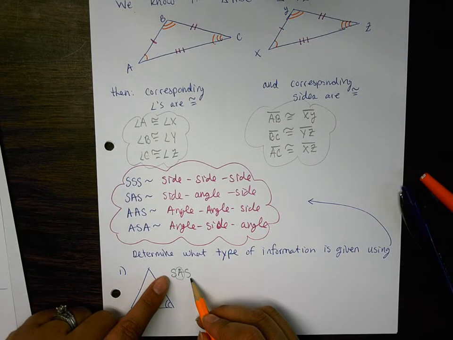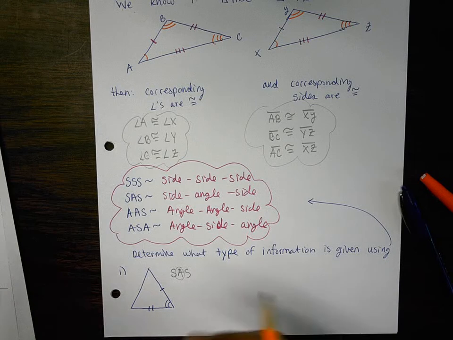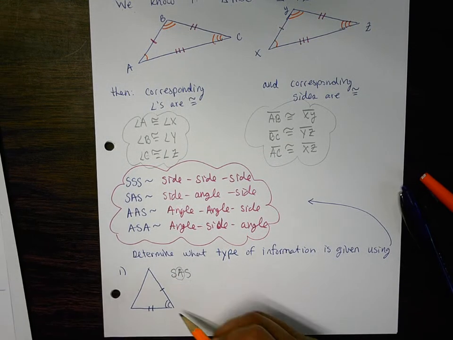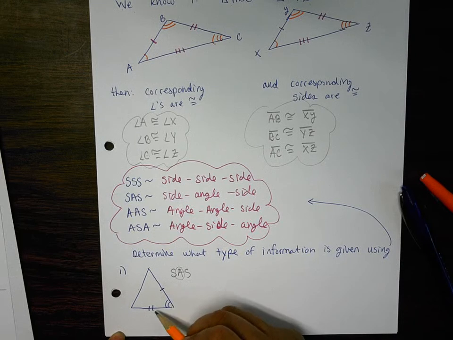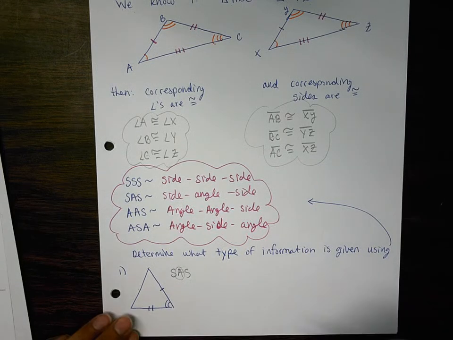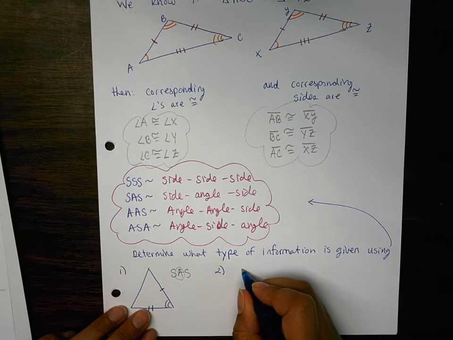It has to be included between the two sides. I will sometimes call it sandwiched or squished or in between. The angle has to be sandwiched between the two side markings. Is this angle sandwiched between those two side markings? Yes? Okay, number 2.